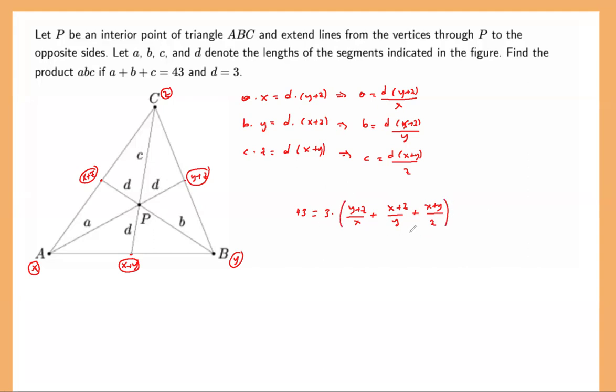Let's keep this for now as it is, because we don't want to do much work unless we really need it. Then we are going to find the product of A, B, C. So let me write here: A times B times C is what we want. A is D times this, B is D times this, which means we are multiplying D three times when I multiply A, B, C, which is going to be 3 to the third power, which is 27, times, we are going to multiply these fractions instead of adding.